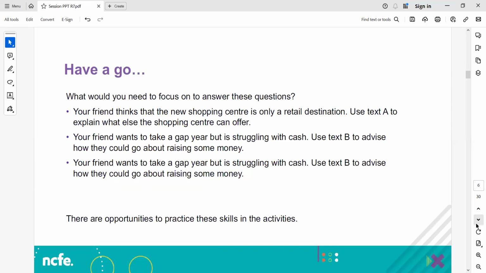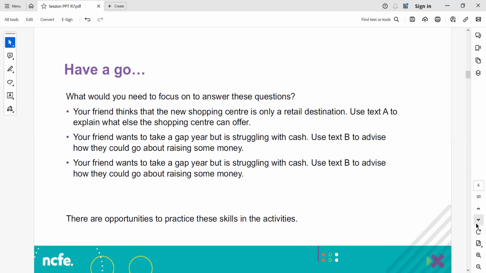So what would you need to focus on to answer these questions? Your friend thinks that the new shopping centre is only a retail destination. Use text A to explain what else the shopping centre can offer.